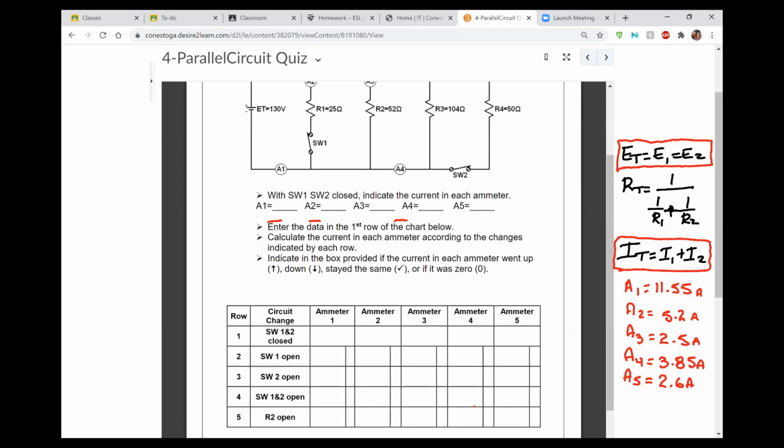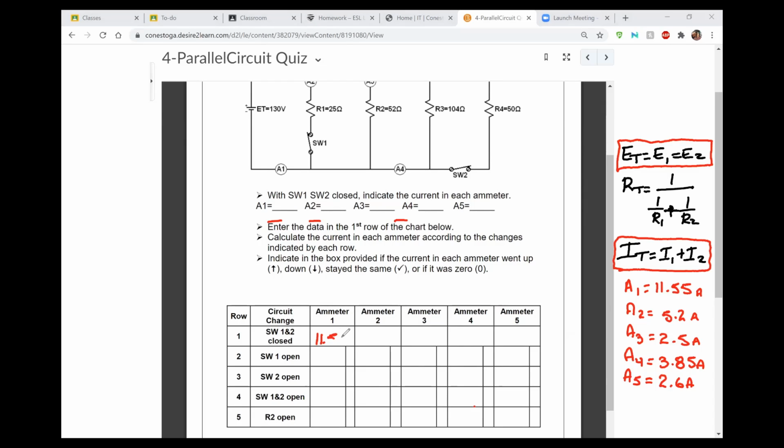Okay, so if switch 1 and 2 are closed, then we already know what's going to be the value for everything, right? So we already know all these values.